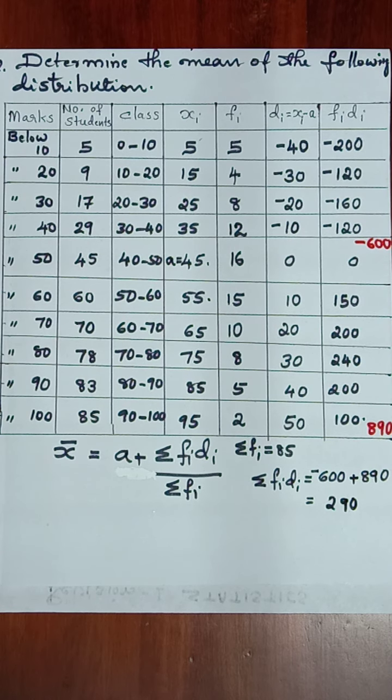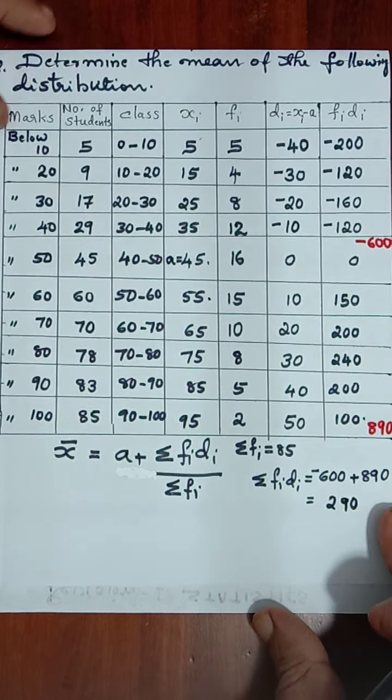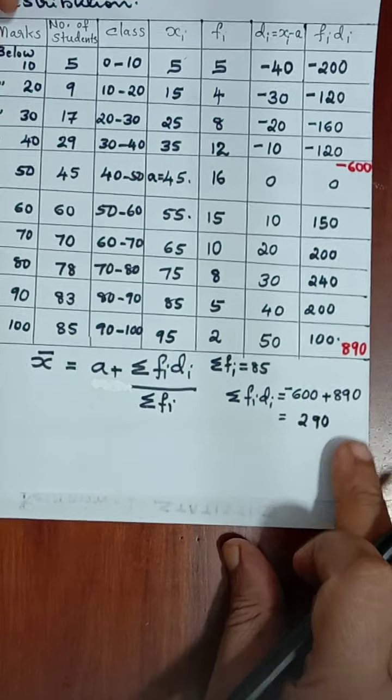Sigma FiDi we had to find out. Okay, 290 we got. Now we will substitute in the formula. Here we have the values with us.